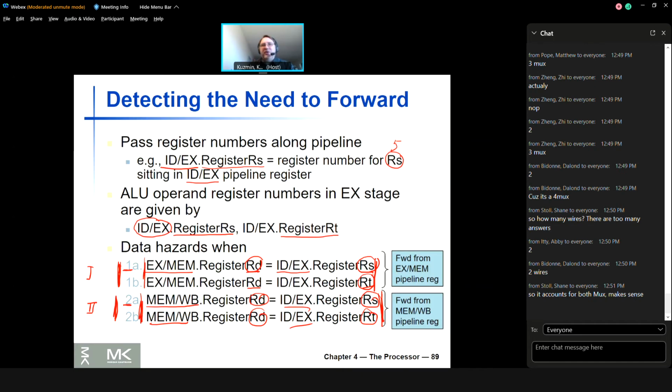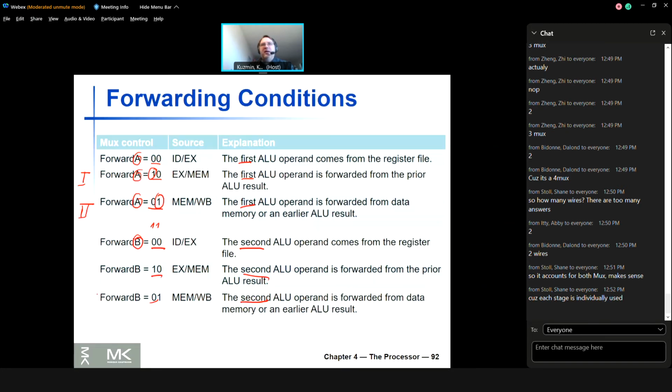Across the cases, not within each case, we cannot have 1 and 2 at the same time for the same pair of instructions. That's why we cannot have 1 and 1, because that would mean it's 1 and 2, and that is not possible.